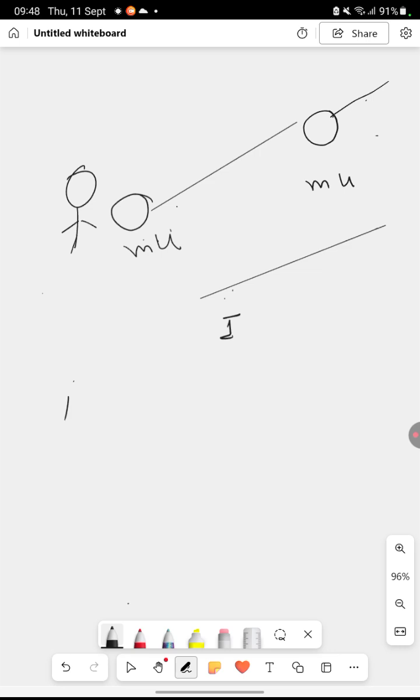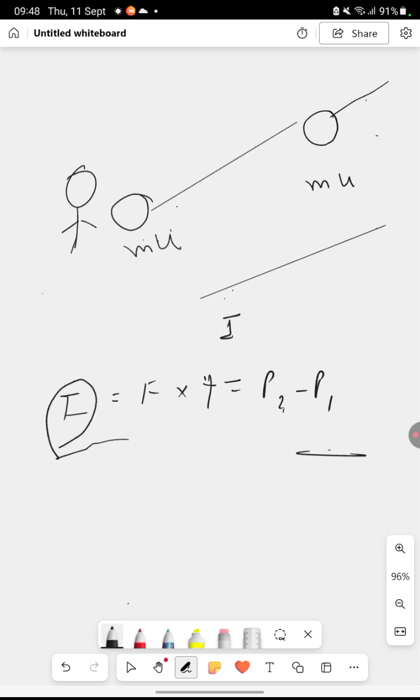We know impulse is equal to force into time, that is equal to p2 minus p1. The change in momentum will remain the same, so impulse will be the same in every case, because we can't change its speed.